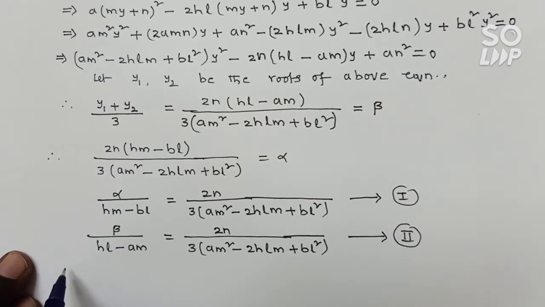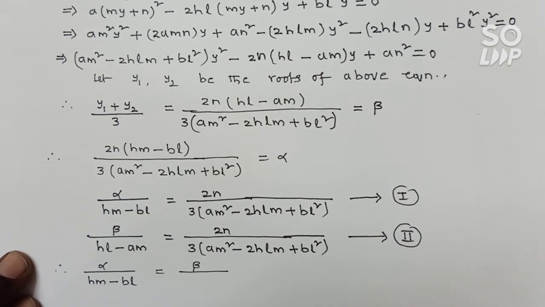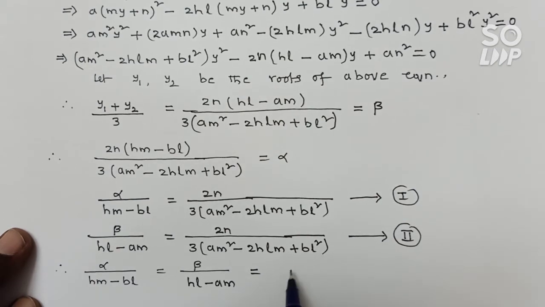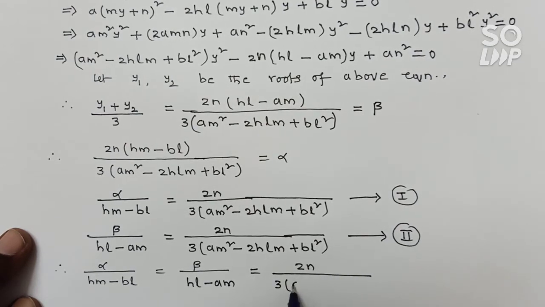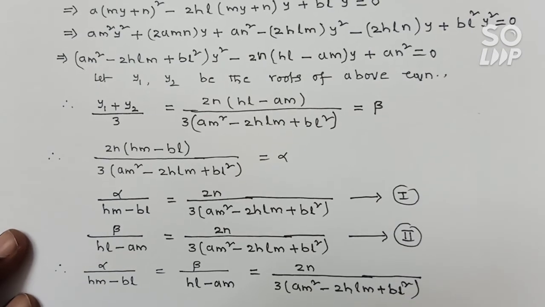From this we can write that, therefore, alpha whole divided by (h into m minus b into L) is equal to beta whole divided by (h into L minus a into m) is equal to 2n whole divided by 3 into (a m square minus 2h into L into m plus b into L square). So this one is the required result.